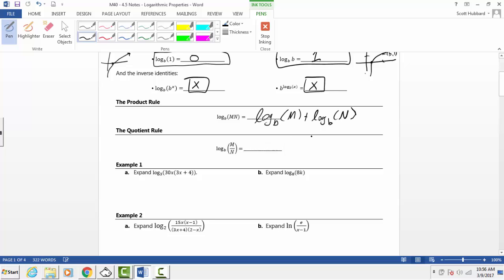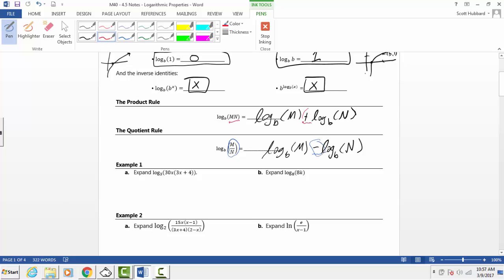And this one is going to be log base b of m minus log base b of n. And the key thing here to remember is that the product goes with the addition, and the division goes with the subtraction.